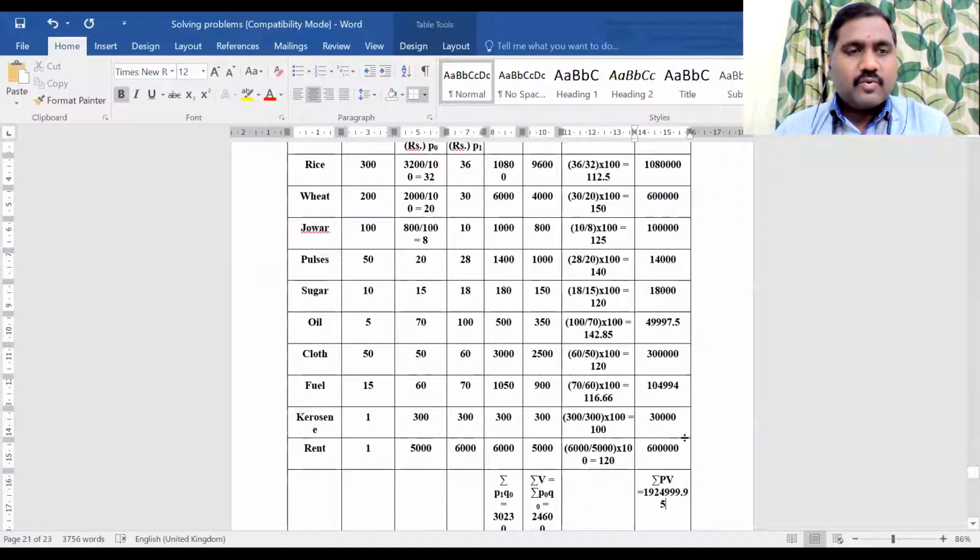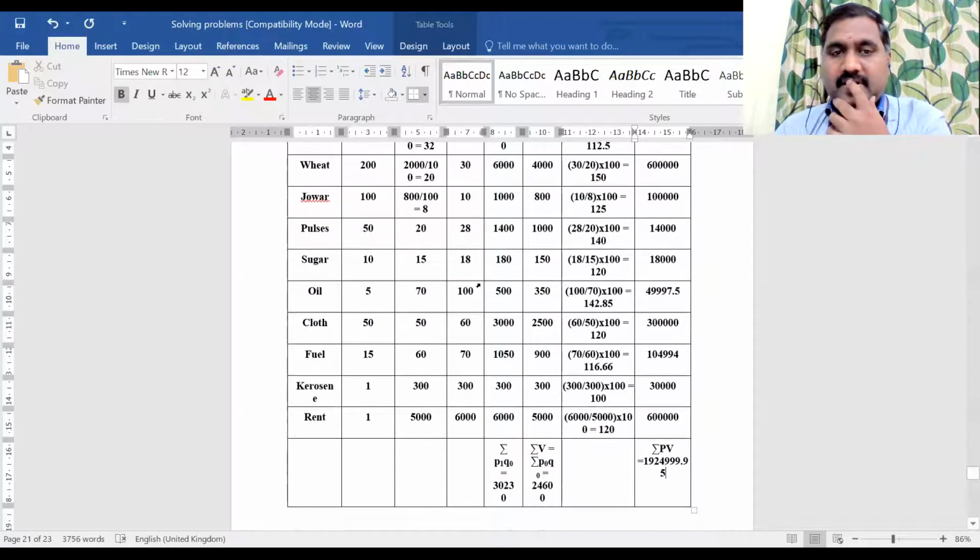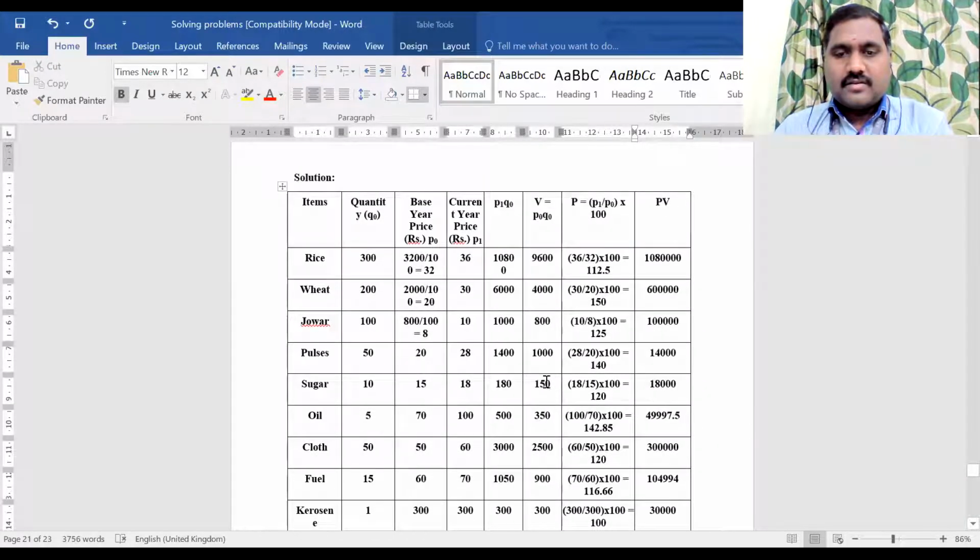Oh, I am getting one more value. 28 lakhs 96,991.5, which is the right one. See the pulses as Arish told, it is 14,000, not 1,40,000. Please correct it. Sir, pulses value is 1,40,000 now. Yes, see, Harish, correct.